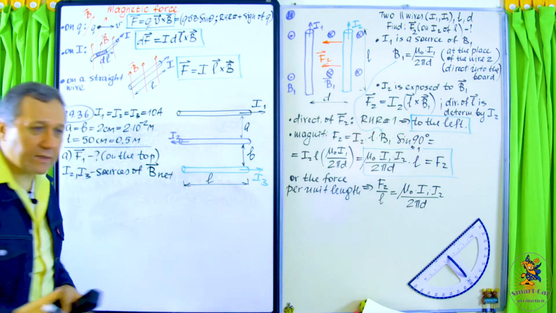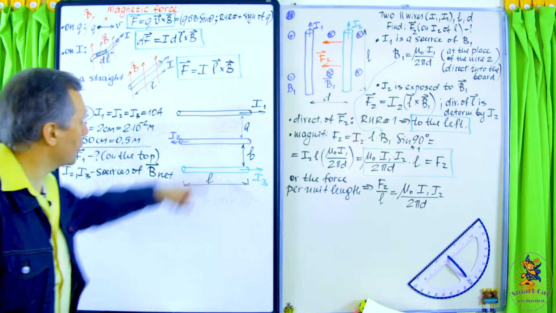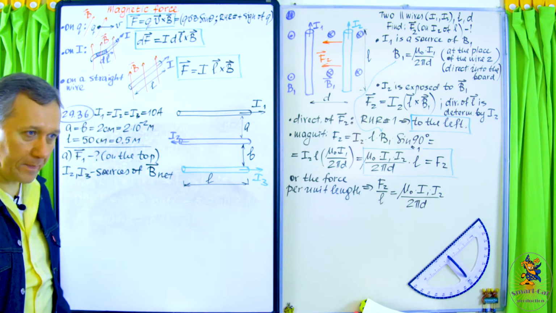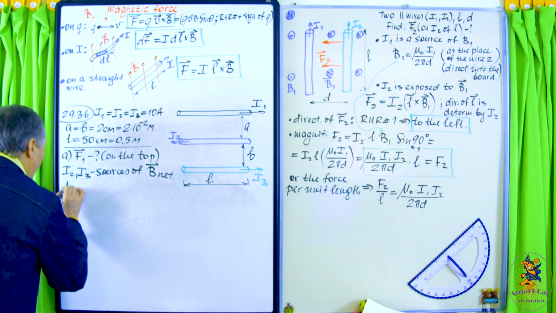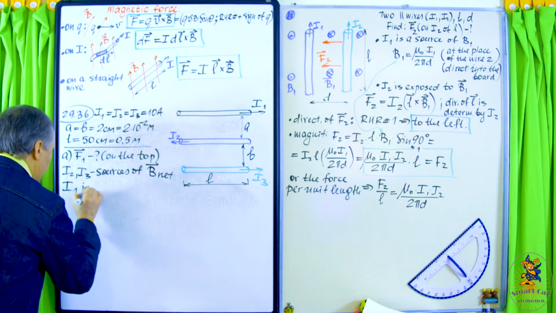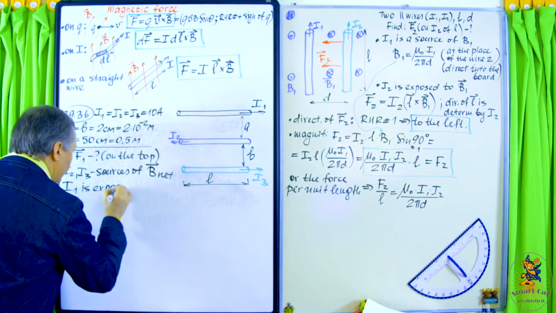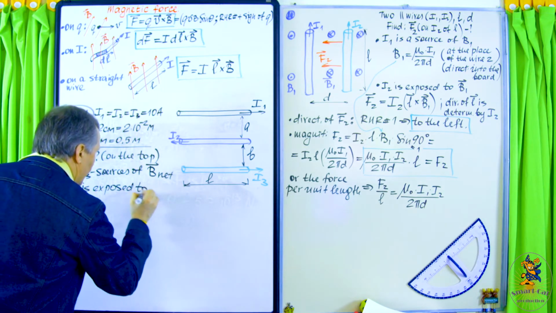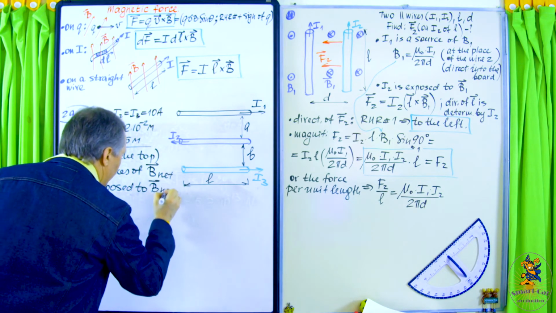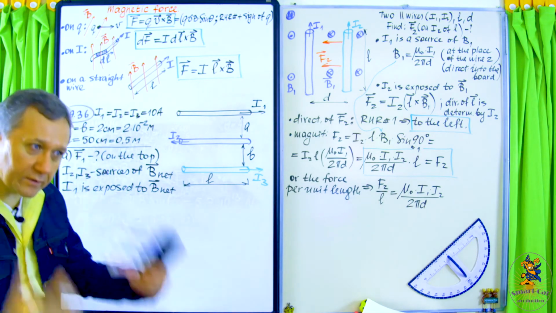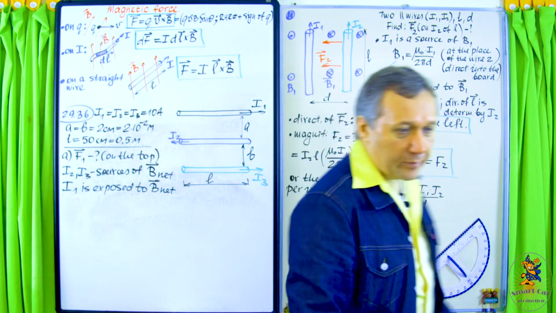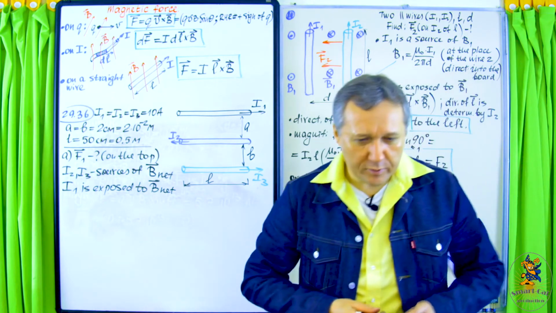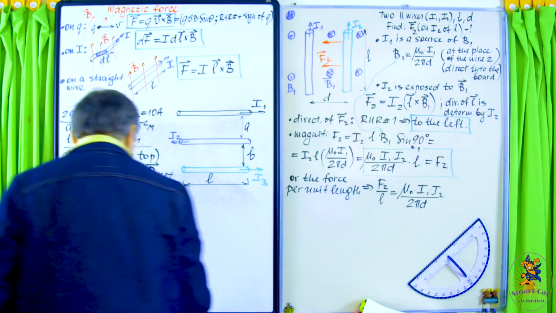Of course, this B net consists of two parts, B2 and B3, right? And then I1 is exposed to B net, and of course experiences the force. Since it will be exposed to a magnetic field, it will experience the force, right?